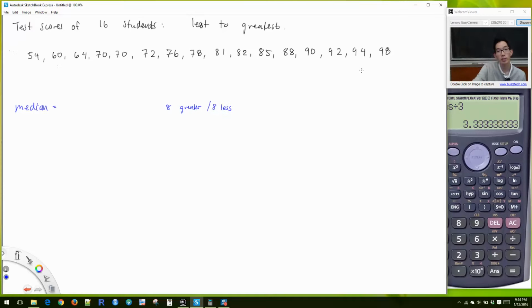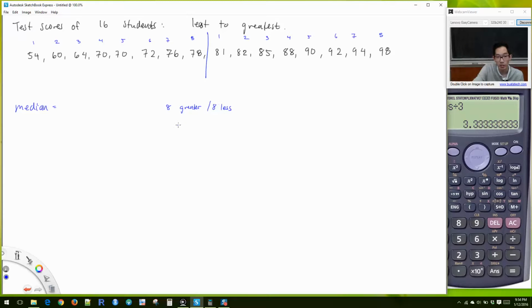Okay, so these are already arranged from least to greatest, so I'm just going to count 1, 2, 3, 4, 5, 6, 7, 8. Okay, so I'm going to draw a line right there, and then this will also give me 1, 2, 3, 4, 5, 6, 7, 8. Okay, so now I have to just find the spot in between 78 and 81.